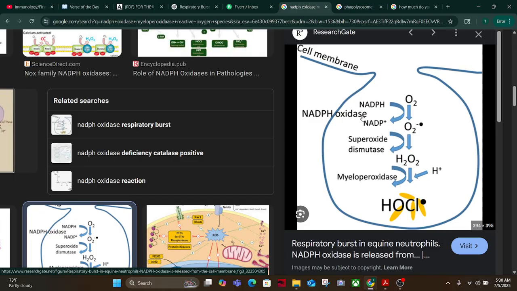So in a positive NBT test, the test turns blue, and in a negative NBT test, the dye stays colorless. That's it for respiratory burst.